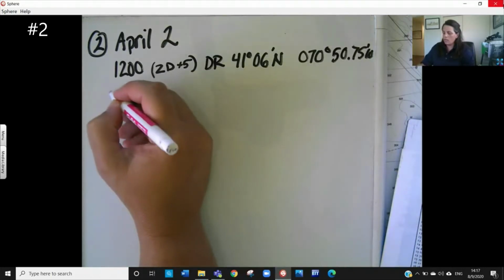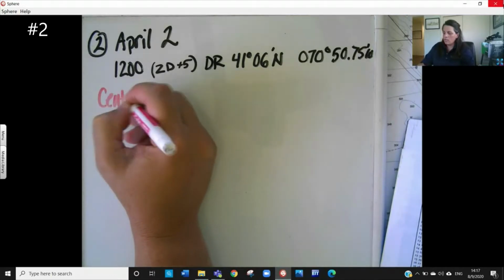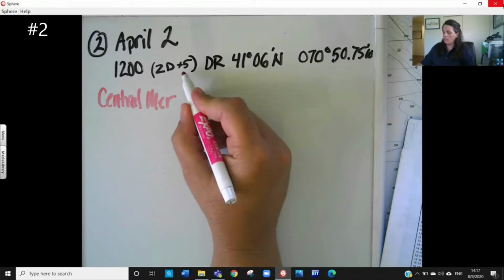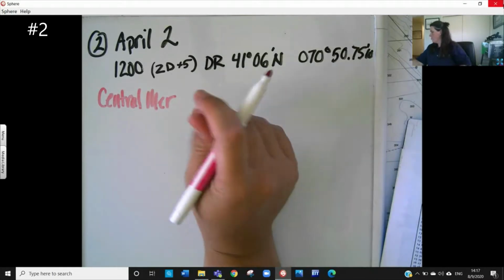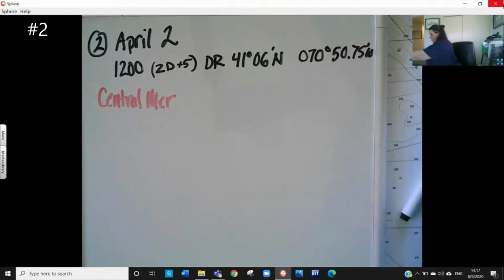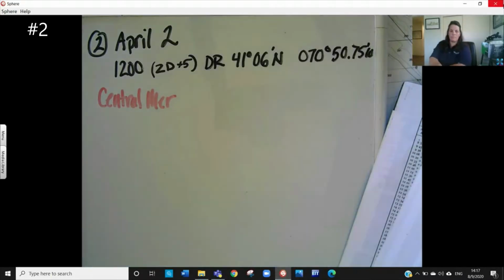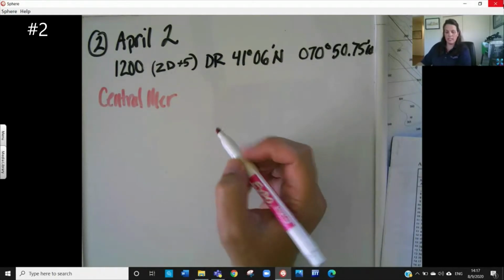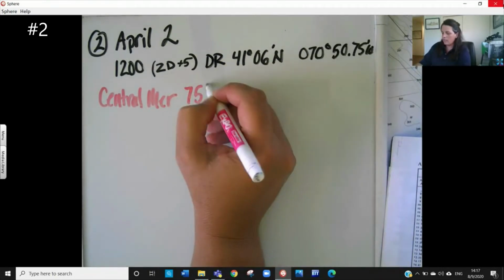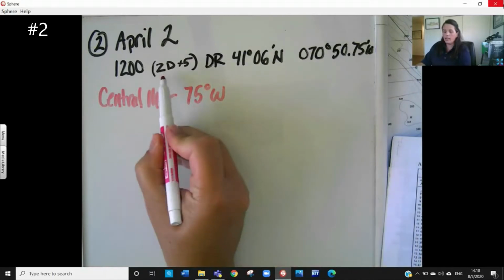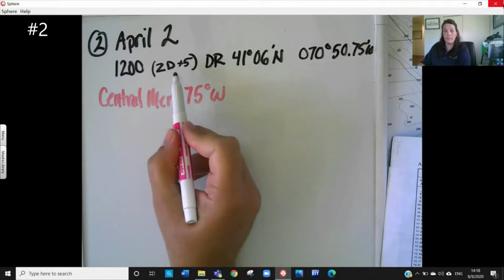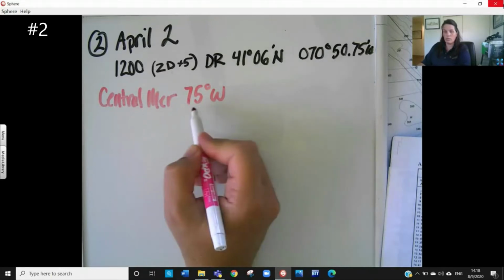So our central meridian is going to be 75 degrees west. That is 5 times 15. We just multiply our zone description by 15 to get our central meridian.